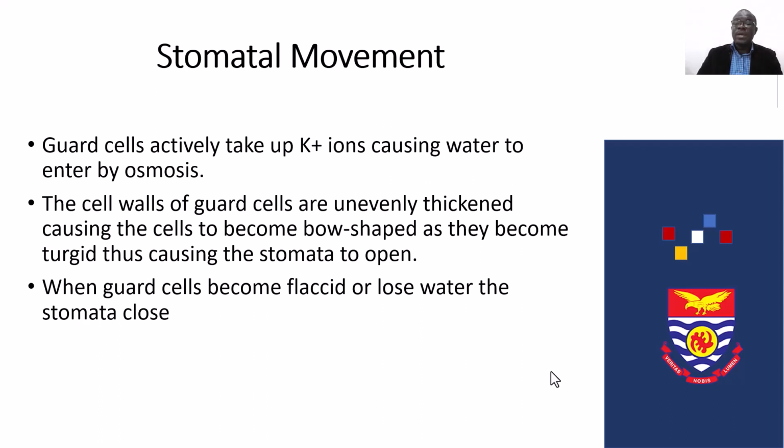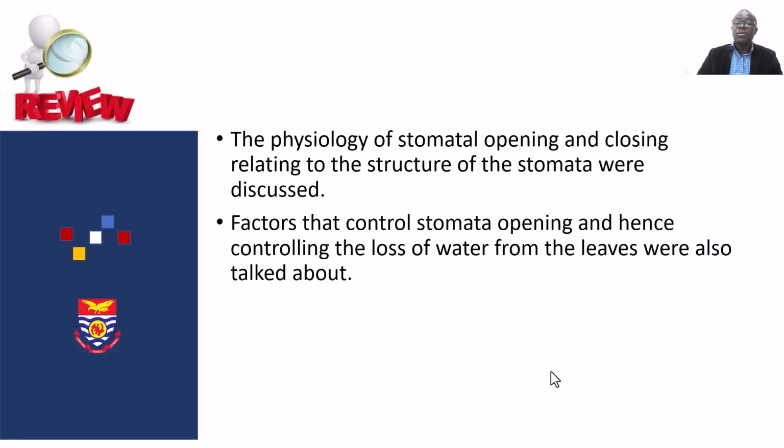The cell walls of guard cells are unevenly thickened, causing the cells to become bow-shaped as they become turgid, causing the stomata to open. When guard cells become flaccid or shrunken as they lose water through transpiration, the stomata close.